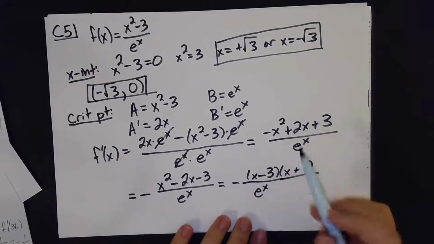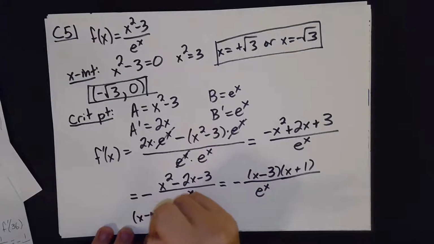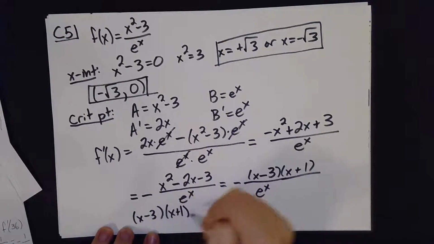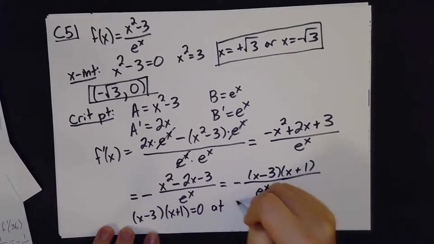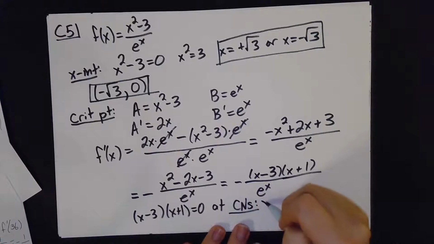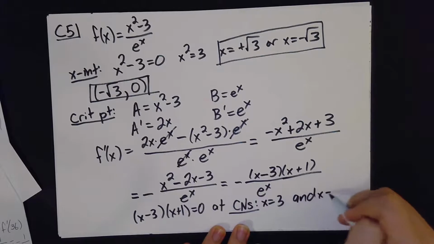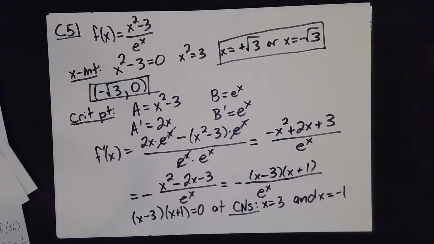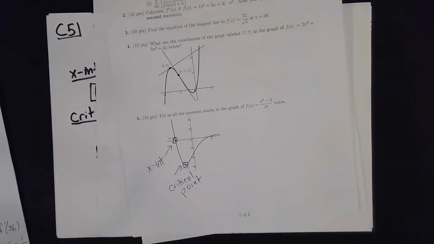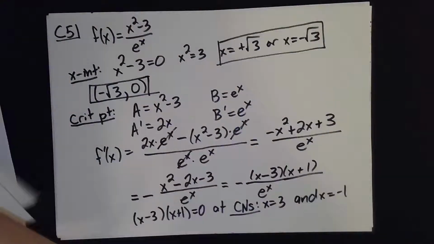Okay, and so then when I look for when that's 0, I get that my critical numbers here are 3 and minus 1. But looking at the graph, the x-coordinate of this point is definitely negative, so it has to be x equals minus 1.